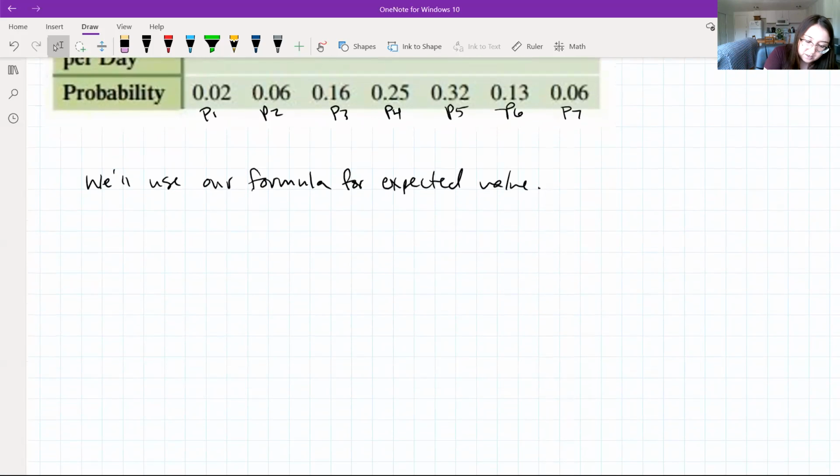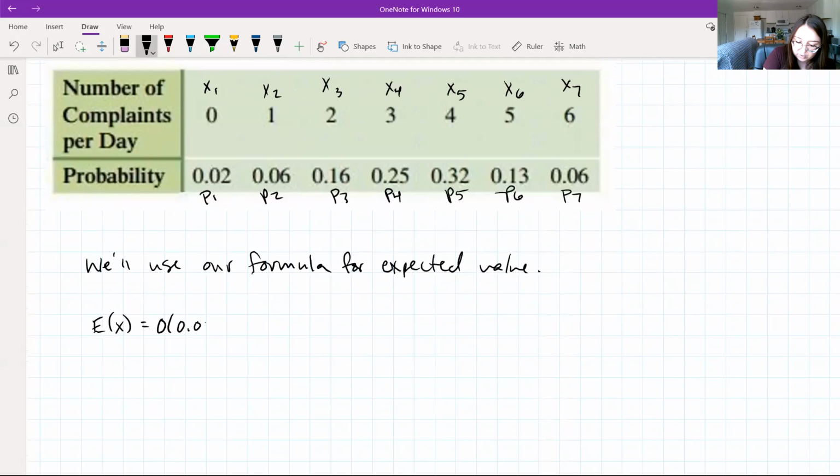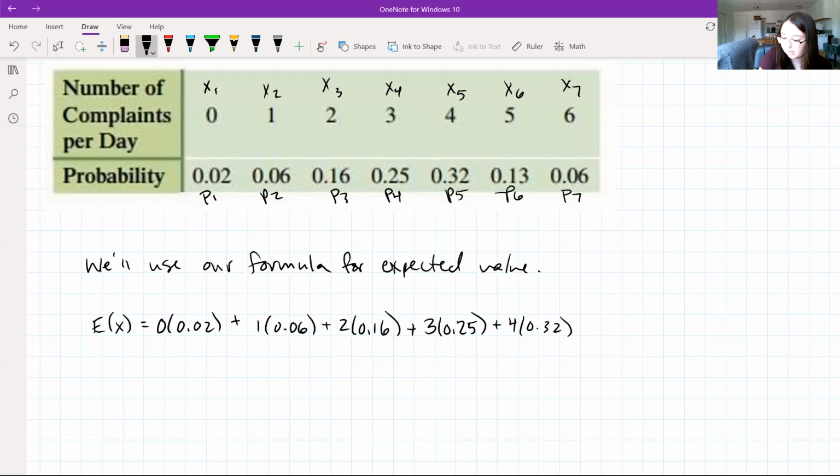So E of x is equal to 0 times 0.02 plus 1 times 0.06 plus 2 times 0.16 plus 3 times 0.25 plus 4 times 0.32 plus 5 times 0.13 plus 6 times 0.06.